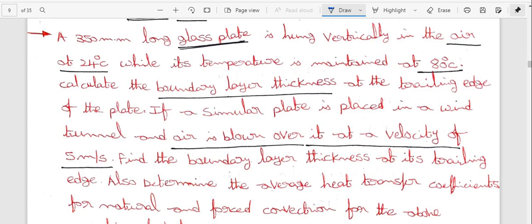Here a 350 mm long glass plate is hung vertically in air at 24 degrees centigrade while its temperature is maintained at 80 degrees centigrade. Calculate the boundary layer thickness at the trailing edge of the plate. If a similar plate is placed in a wind tunnel and air is blown over it at a velocity of 5 meters per second, find the boundary layer thickness at its trailing edge.